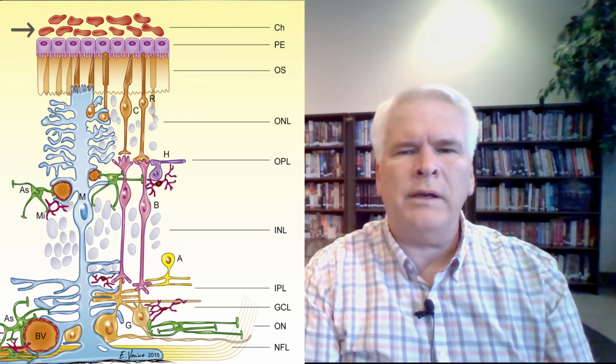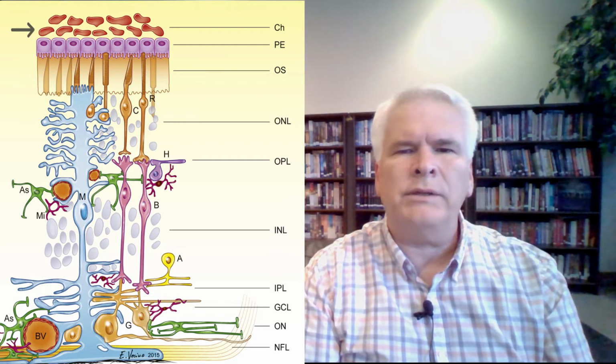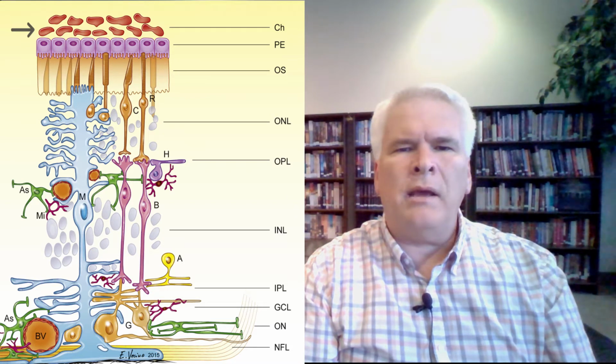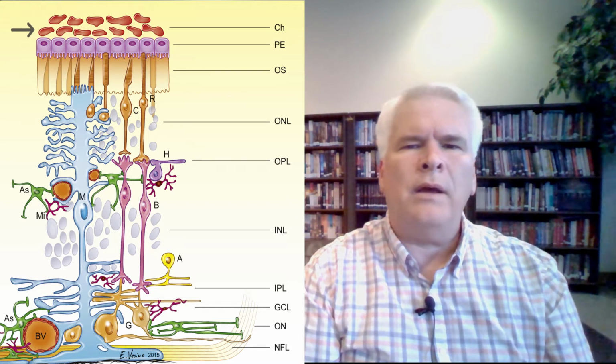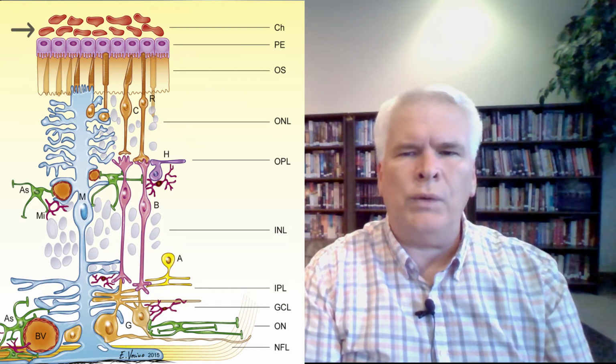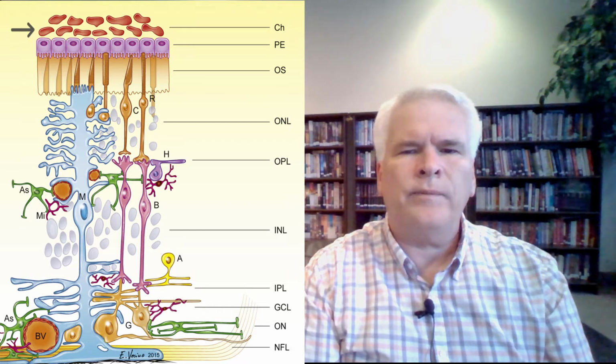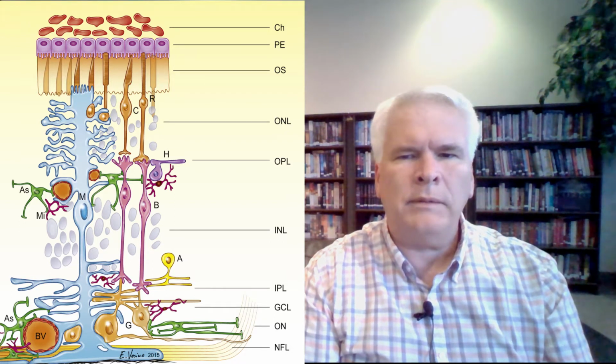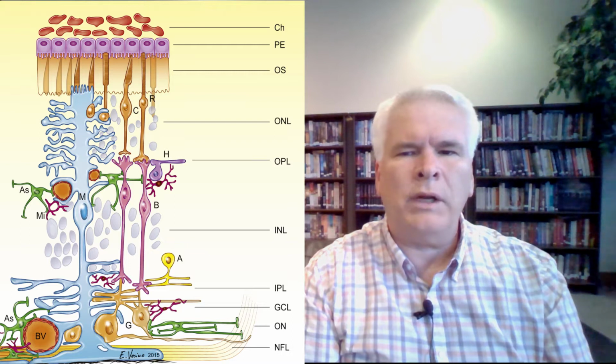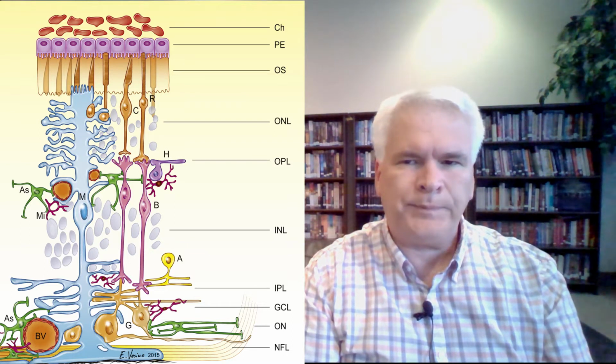Now the choroid layer is actually a mesh of capillaries, and they bring the oxygen and energy to the cells at the back of the retina, which of course includes the rods and the cones.